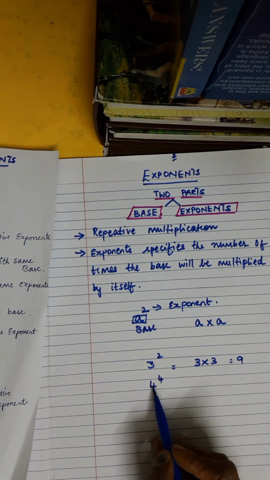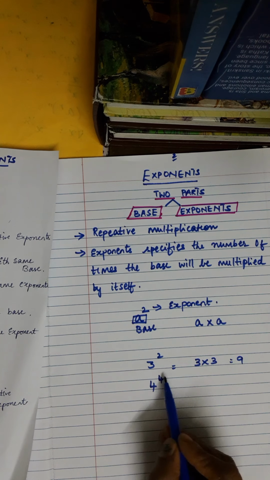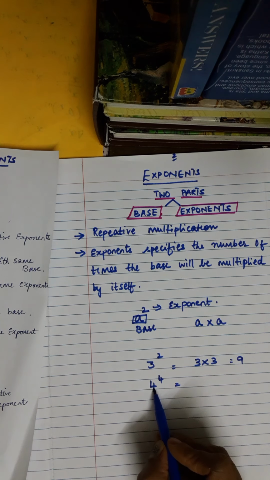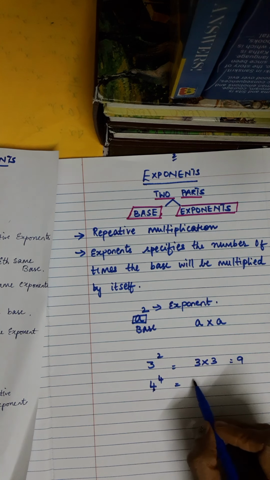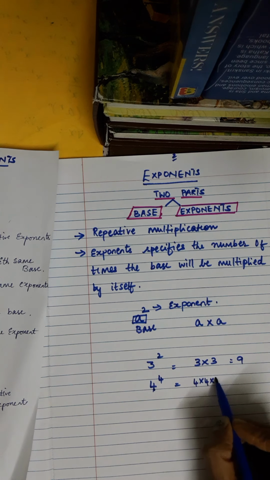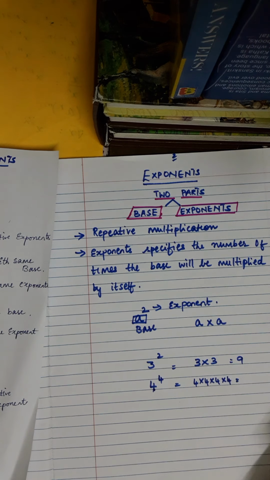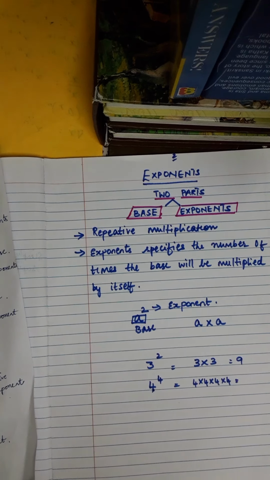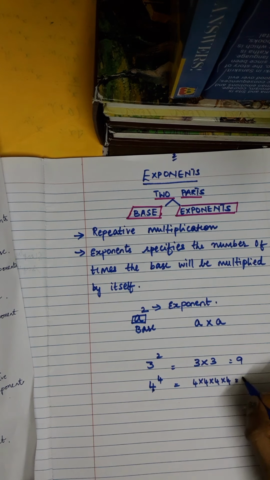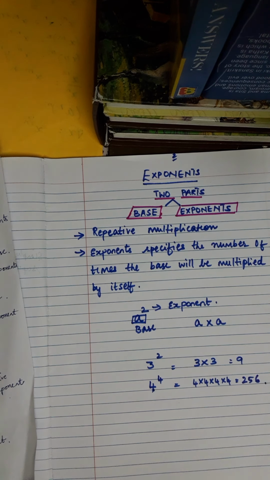This is my base, and this is my power or exponent. I'm going to multiply my base 4 times. My exponent says 4, so 4 into 4 into 4 into 4 will be 256.